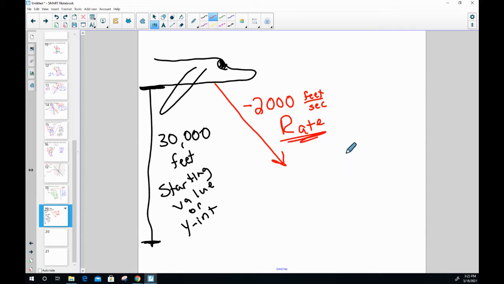This is another word, if you remember with the bicycle, the rate of the speed, basically. That's what this is, the speed, the rate of change. How fast are they changing? In this case, it's negative, it's going down. So this is the slope. All right, so let's fill in what we have here.